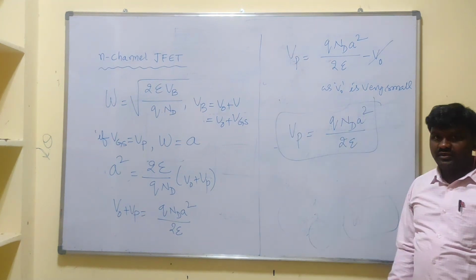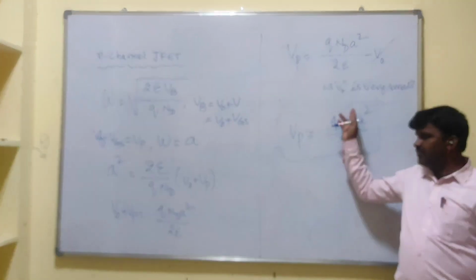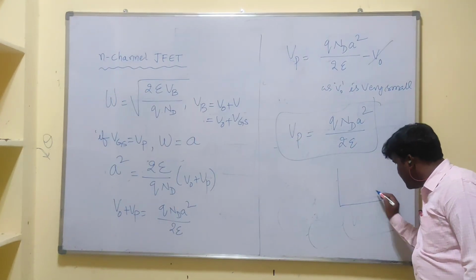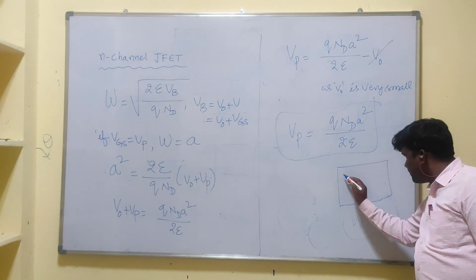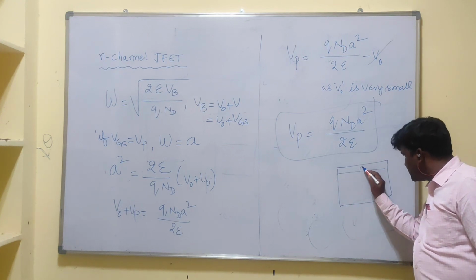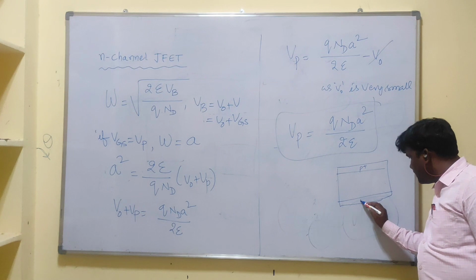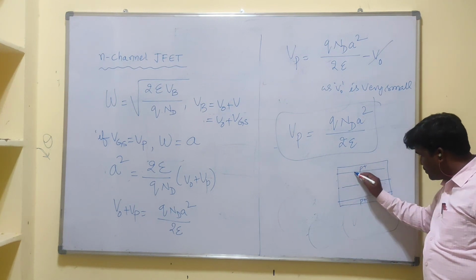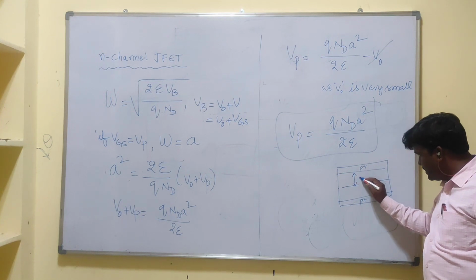Q is the charge of the electron, ND is the donor concentration, and what is A? Here we have P plus and P plus, and this is the center. So this is half of the channel width.